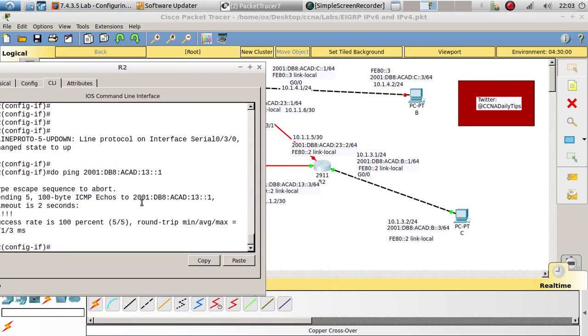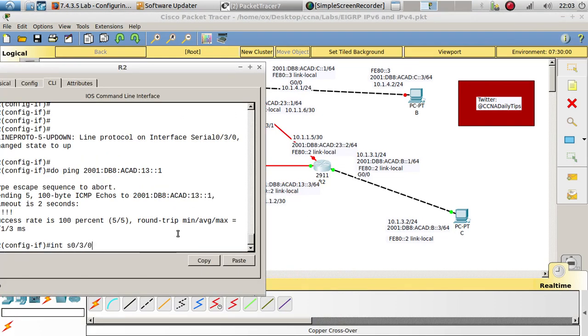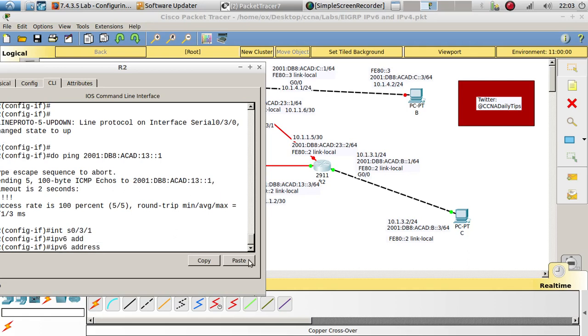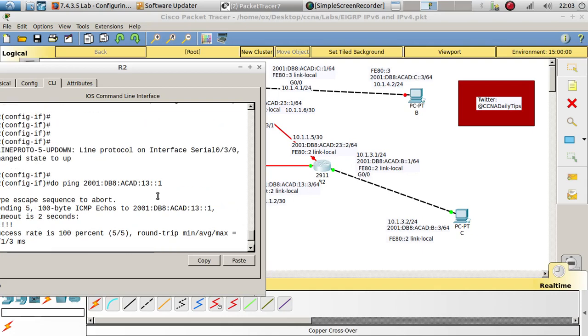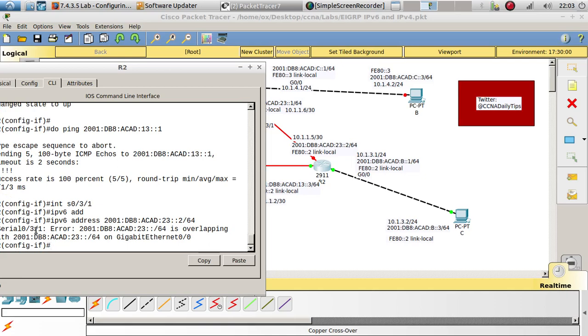So that's good. Now let's go ahead and configure this interface, which is 031 IPv6 address. Paste that here, and we have an error that is overlapping. And why is it overlapping? So IPv6 031 overlapping gigabit 0 slash.